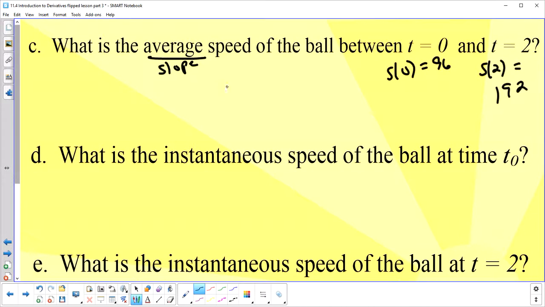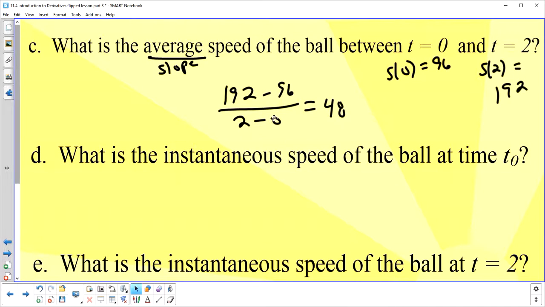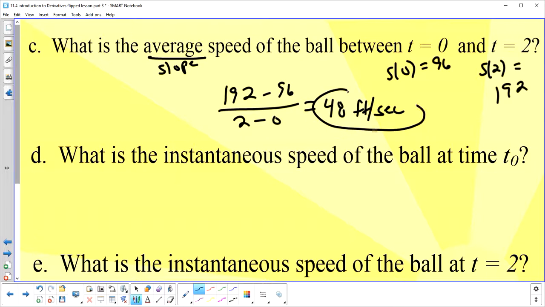So I need to take my feet, 192 minus 96, over my change in time, 2 minus 0, and I would end up with 48, 96 over 2, and since it's average speed, that is 48 feet per second. A big thing in this one was that I just did my slope, my change in y, which is how I got these two, over my change in x.